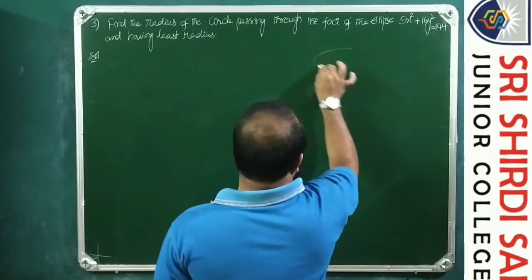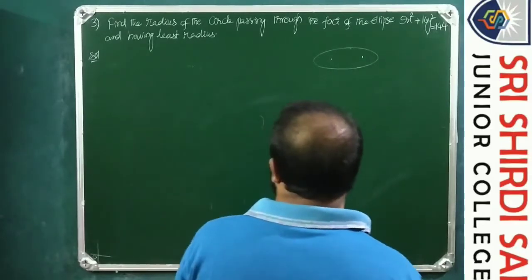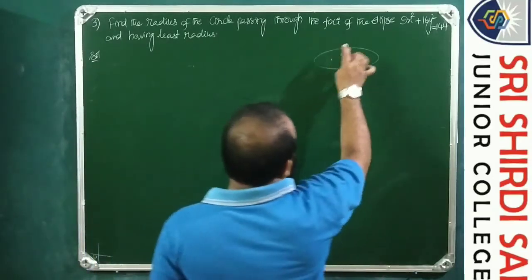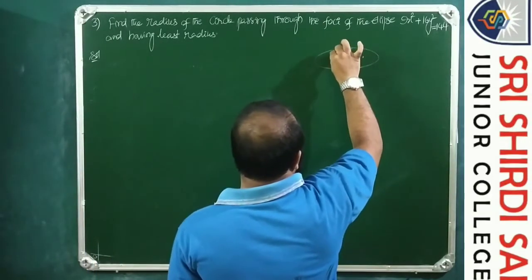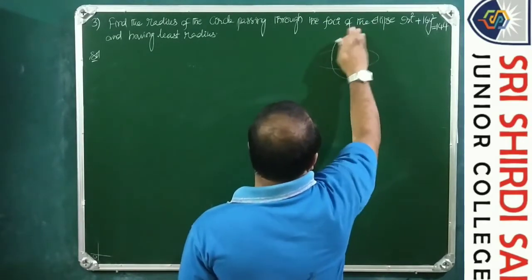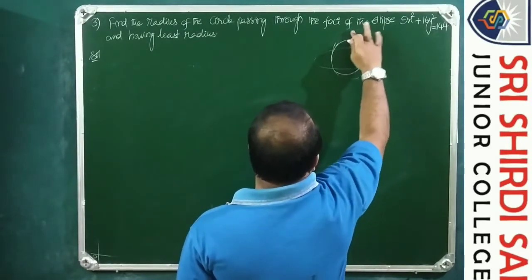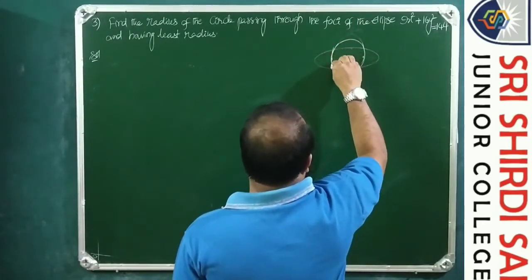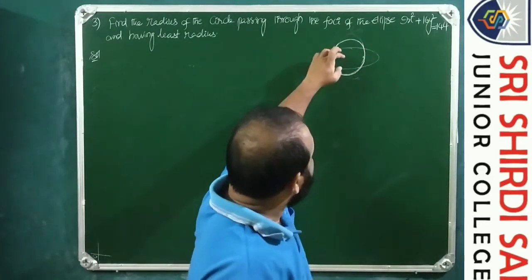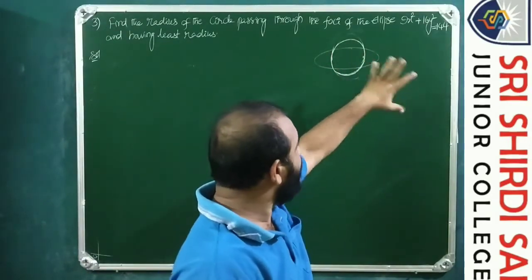Let us suppose that this is the ellipse and these are the foci. So we have to find the radius of a circle passing through the foci. Let us suppose that this is the circle. The speciality of this circle is that it is passing through both the foci of this ellipse.